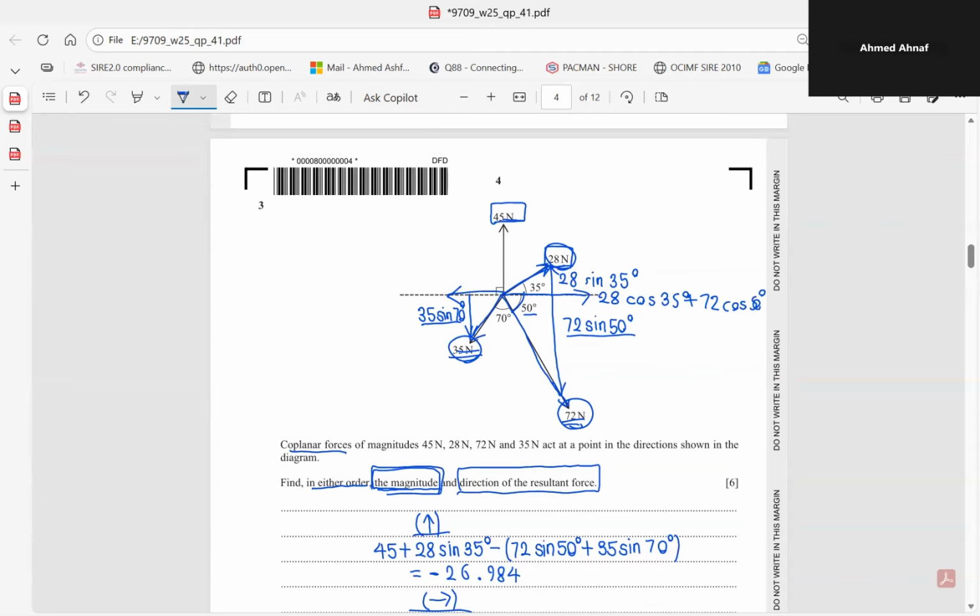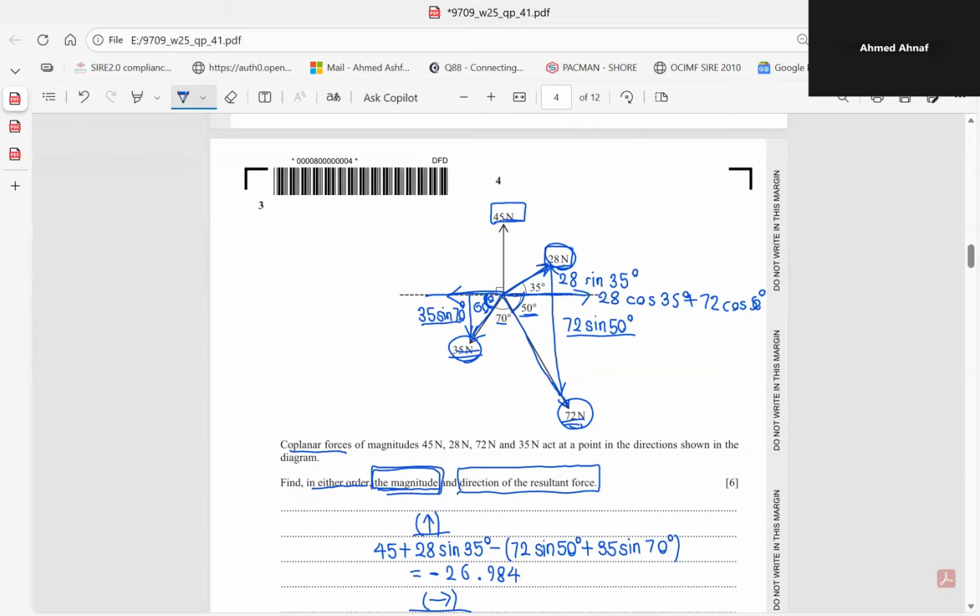Oh, I just realized I made a mistake for the angle. I thought this was 70, so it is not. If you do simple calculations, since this is a straight line, 180 minus 70 minus 50, you would get 60.